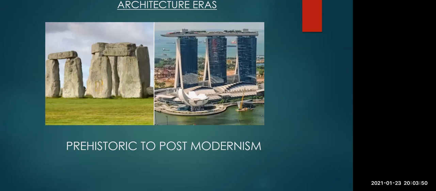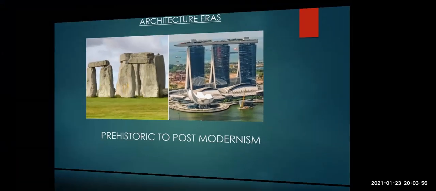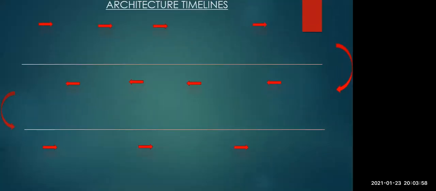Okay. So we will go through these eras, not in detail. We will just do an overview of all these eras. The main ones, I will describe some architectural features to you. But if you want to know more about a specific timeline, you'll have to read through it.